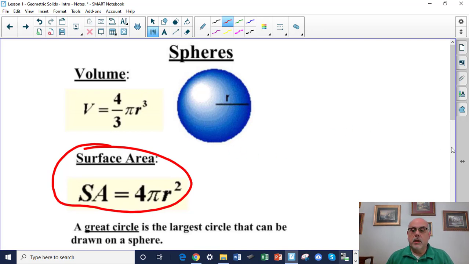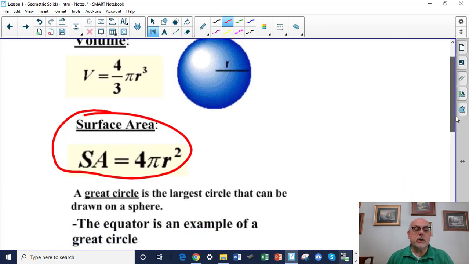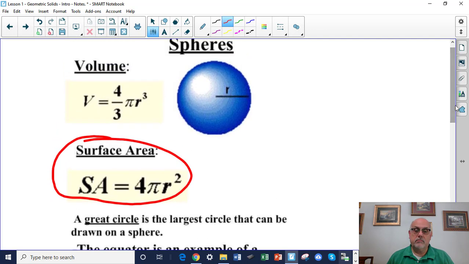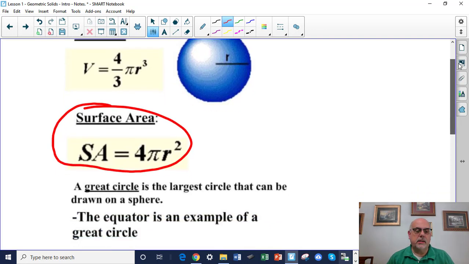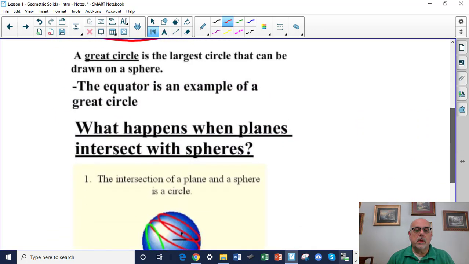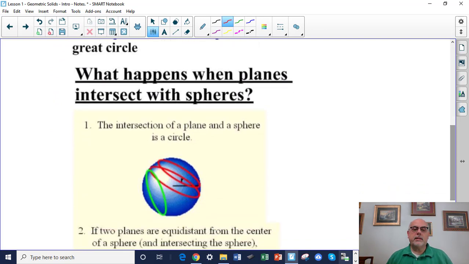Okay. A great circle is the largest circle that can be drawn on a sphere. All right, and we're going to come across an interesting question about that. We have to think about it a little bit. So when you have a plane, let's say you're going to take a slice through a sphere. If you slice it off and you take that, you get a circle, right?